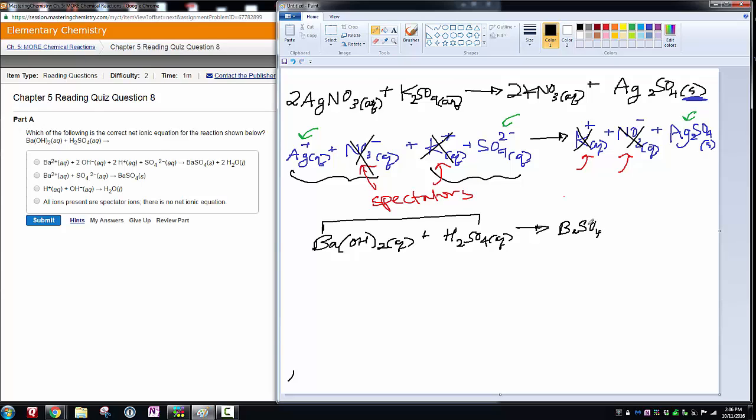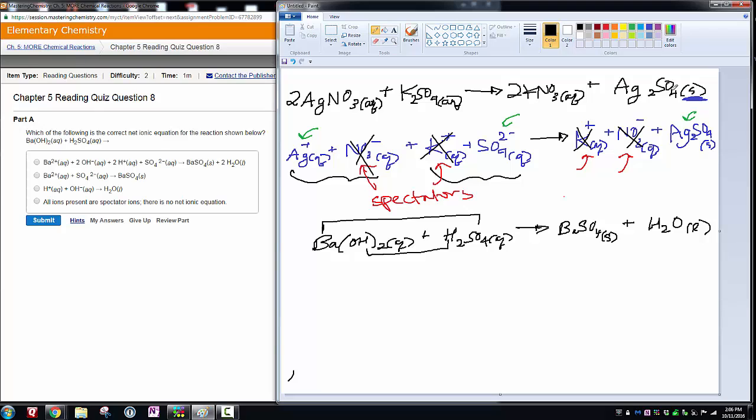And sulfates are always soluble unless they are with barium, mercury, or lead. In this case, there's barium, so that's going to be a solid. That's going to be a precipitate. And insides, H goes with the OH. Oh, that's water, which is in fact a liquid.